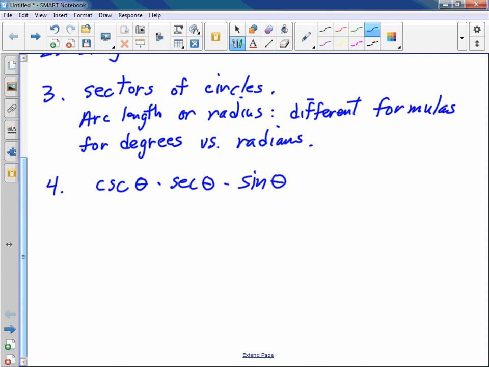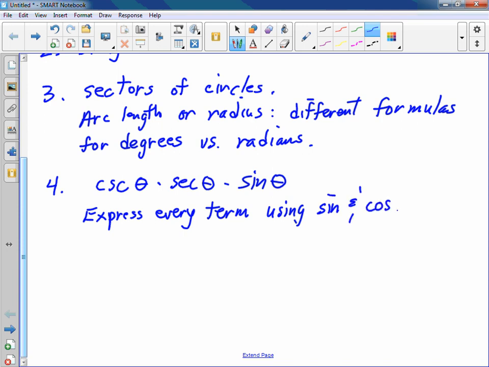Oftentimes, not always, I think the first thing to try is express every term using sine and cosine. I think that's a good plan. Express every term using sine and cosine. It doesn't always work, but I don't know, 80% of the time probably it works. So that's a good approach.